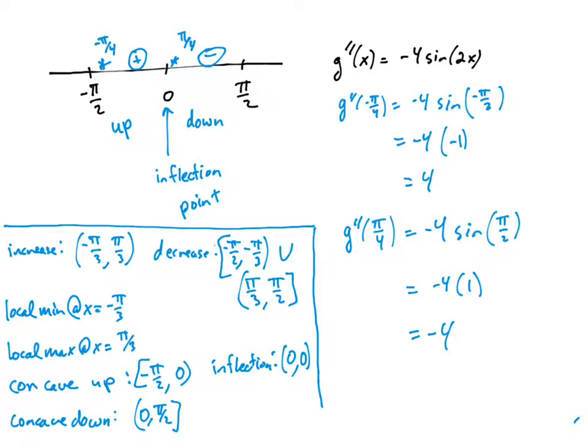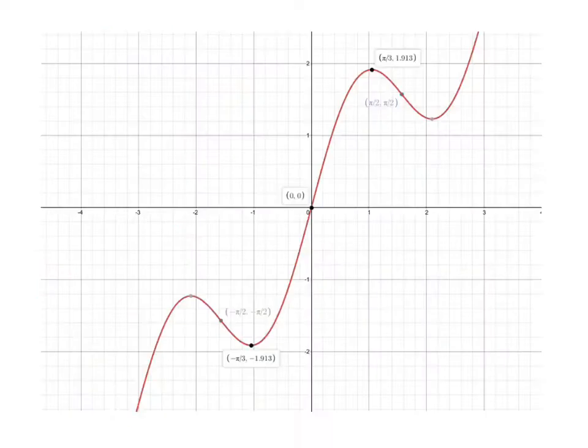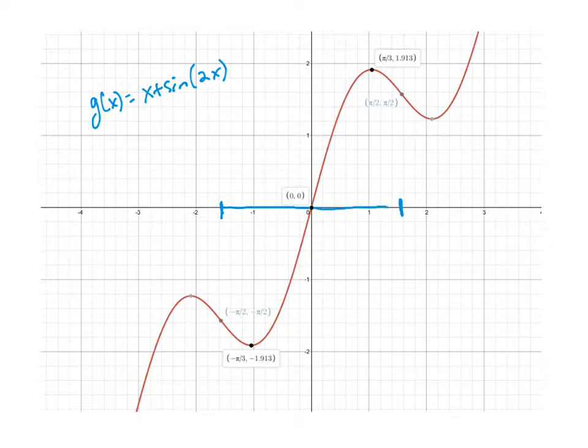And then let's actually look at this graph, because this graph is actually kind of interesting. So this was the function, g of x is equal to x plus sine of 2x. So we saw that our interval was from negative pi over 2 to about pi over 2. Okay, and so we said that we're concave up in this interval, and then concave down in this interval.